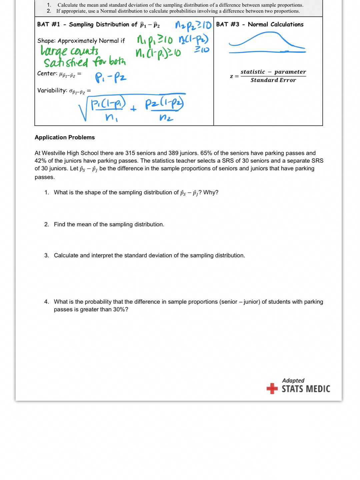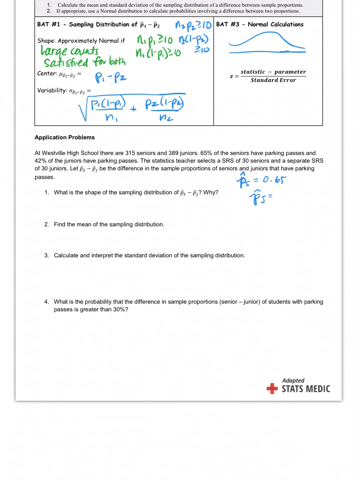So you guessed it, we're going to have to do these proportions. Now, what did they give us here? So let's make some notes. p-hat of the seniors is 0.65, right?